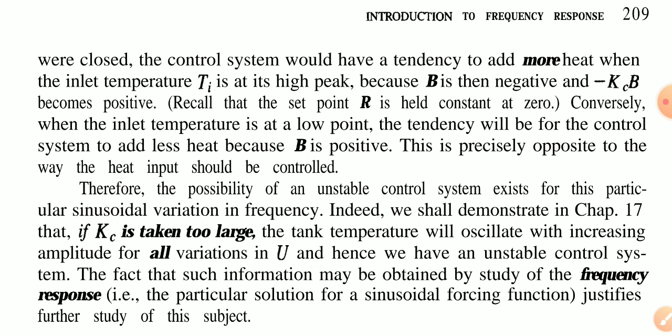If Kc is made large, the tank temperature will oscillate with increasing amplitude for this variation in U, and hence we have an unstable control system. The fact that such information may be obtained by a study of the frequency response, the particular solution for sinusoidal forcing functions, justifies further study of this subject.